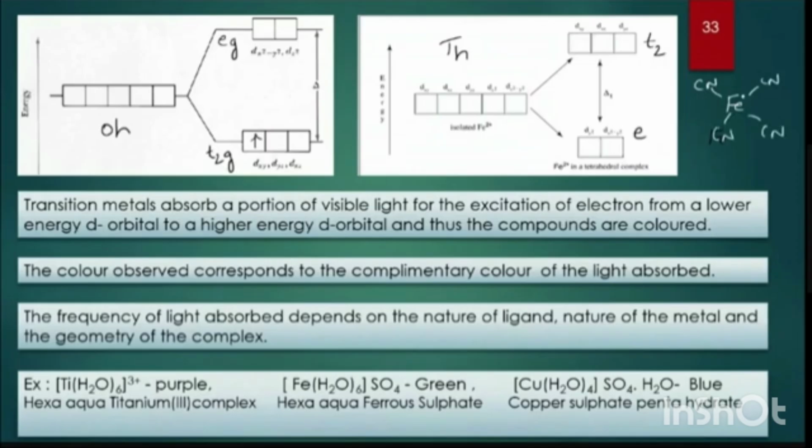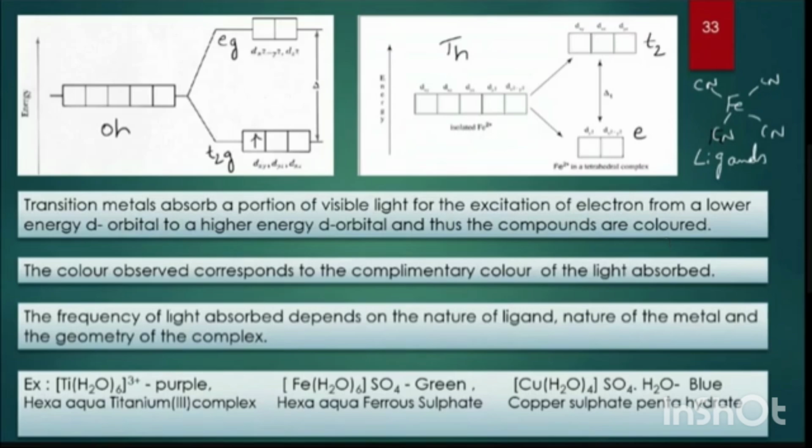Fe is the central metal atom, whereas all four cyanide groups attached here are called ligands, which may be either a group or an ion directly attached to the central metal atom. So its nature also plays a very important role in deciding the frequency of light absorbed, along with the nature of the metal and the geometry of the complex, whether octahedral or tetrahedral. All these three are the factors on which the frequency of light absorbed depends.